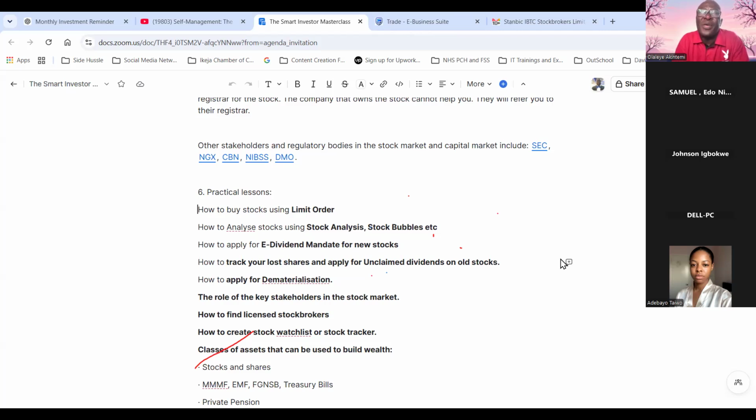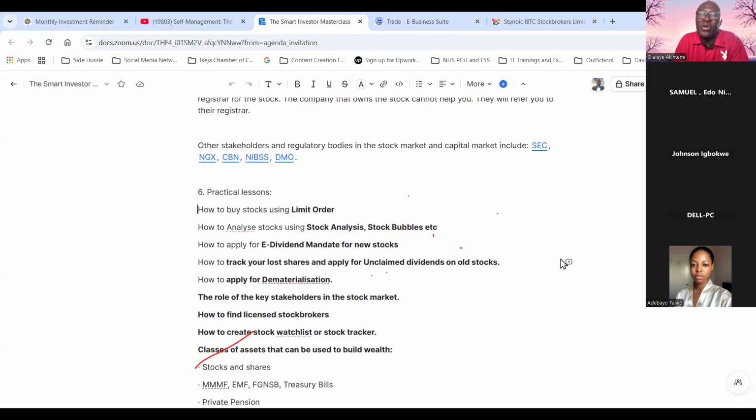It shows you a bigger picture, and then you can compare the different stocks that you have. You can see how each of your stocks is performing against similar stocks or even stocks in different sectors.